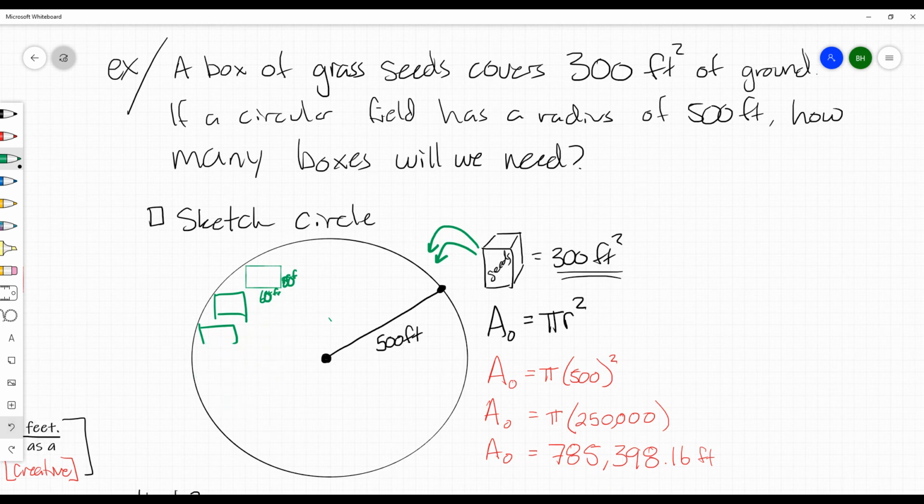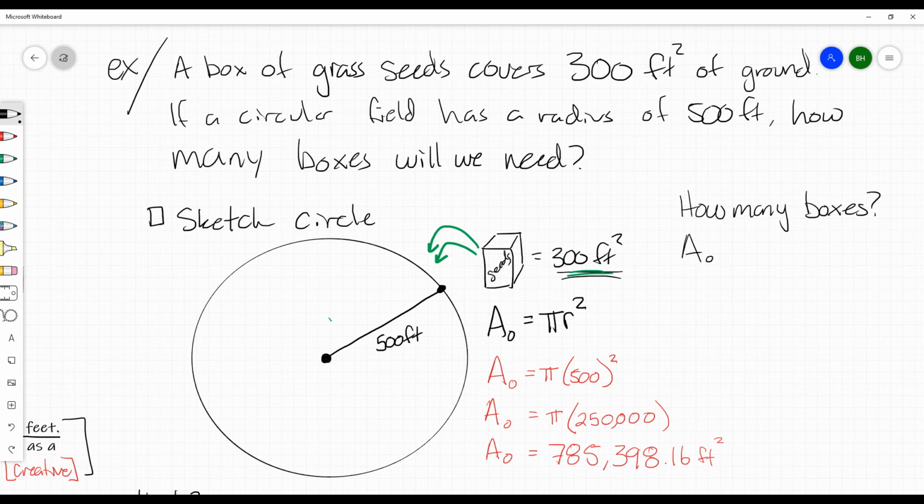Or you can do the method that will maybe be a little bit easier: I know that one of these boxes will cover 300 square feet, and I want to cover this amount of square footage. So to determine the number of boxes, we're going to take the area of the circle and then divide that answer by 300 feet squared, and that should give us the number of boxes.